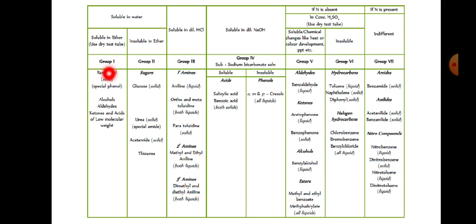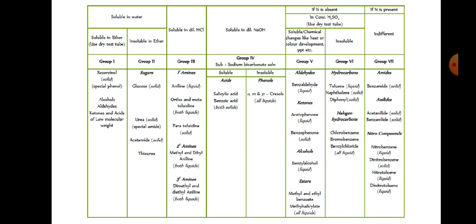So here, from group 1 to group 7, we have some of the common examples which are usually kept for spotting in the systematic qualitative analysis of unknown organic compounds. And for distinguishing between groups 5, 6 and 7, the nitrogen test plays an important role. If nitrogen is absent, and after checking the solubility of your substance in H2SO4, you can classify into group 5, 6 and 7.